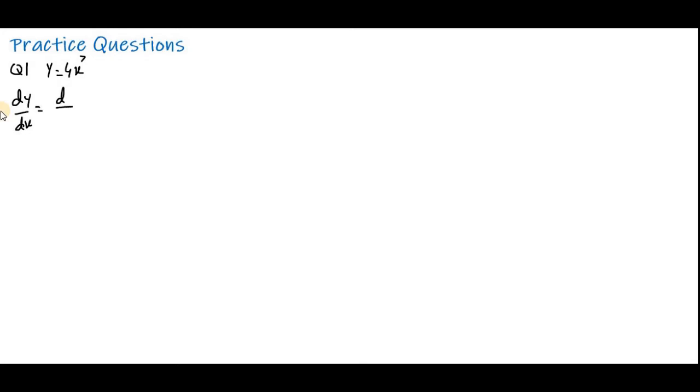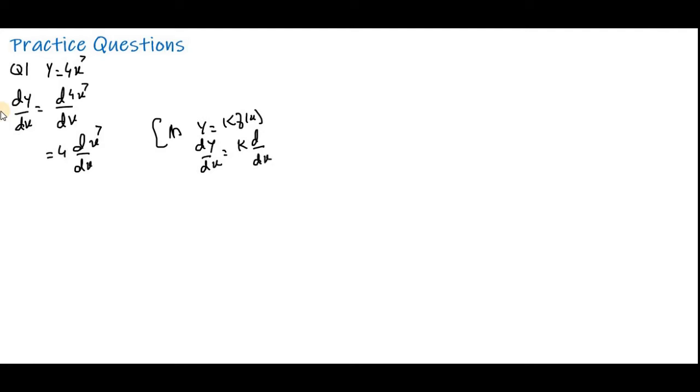So taking derivative, d by dx, 4 is constant, so we take 4 outside, d by dx x^7, as we have used y is equal to k f of x, dy by dx is equal to k d by dx f of x, which is constant time function formula.